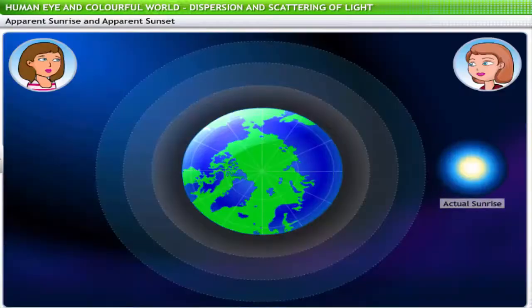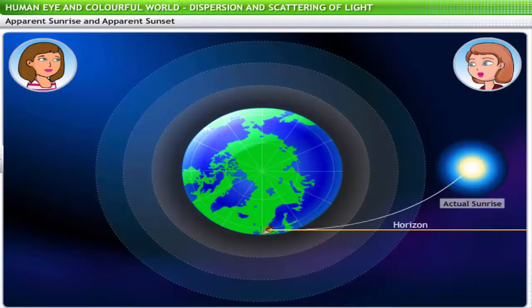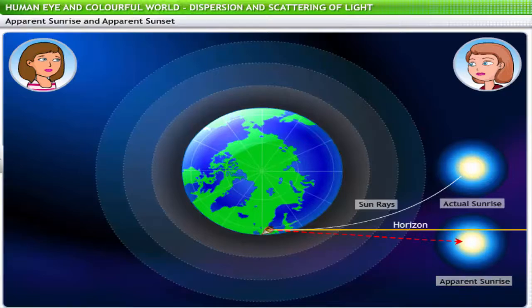How does this really happen? When the sun is just below the horizon, its rays enter Earth's atmosphere and are refracted towards the Earth. The refracted rays reach us, making it appear as if the sun has already risen above the horizon. This is the apparent sunrise.